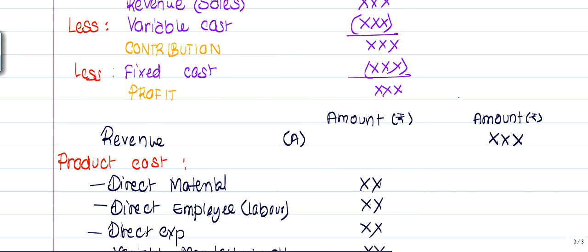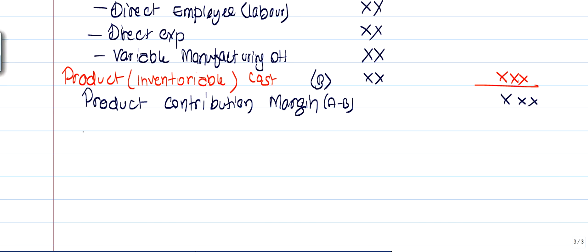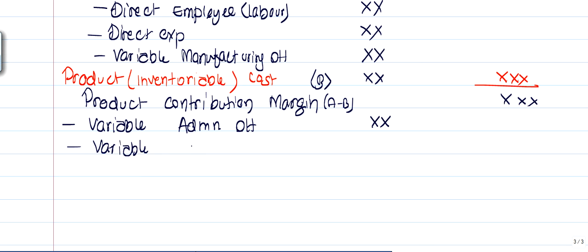Next comes variable administration overhead and variable selling and distribution overhead.